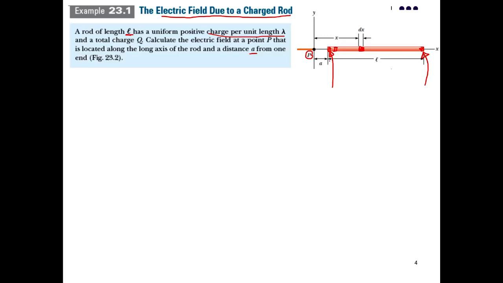So the first piece has a location X, I mean it's away from the origin by X. But X for the first location is equal to A. And the X for the last piece is equal to L plus A, or A plus L.